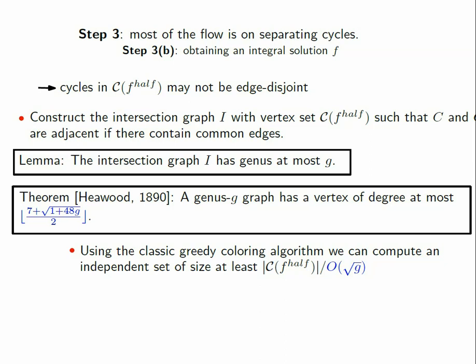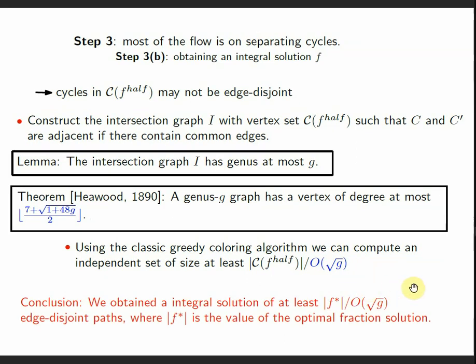The largest color class is a feasible solution to the edge disjoint path problem. We can output those cycles. This finishes this branch of the algorithm.